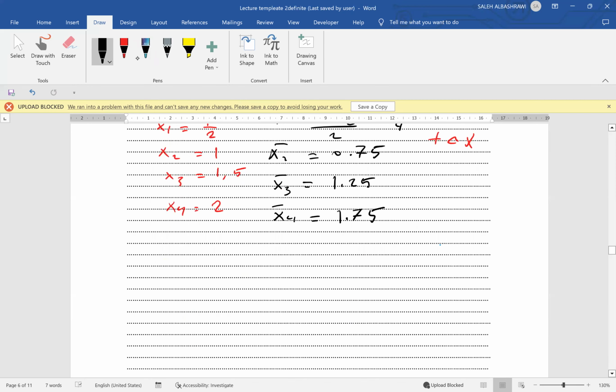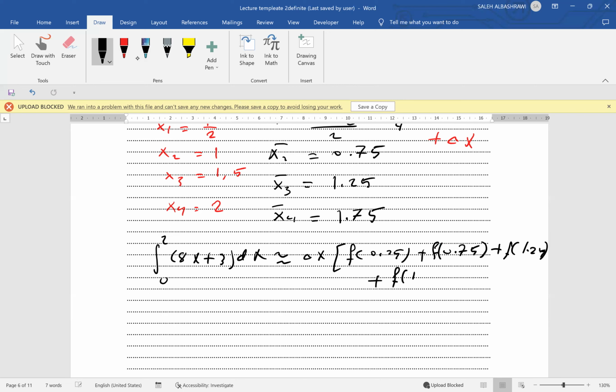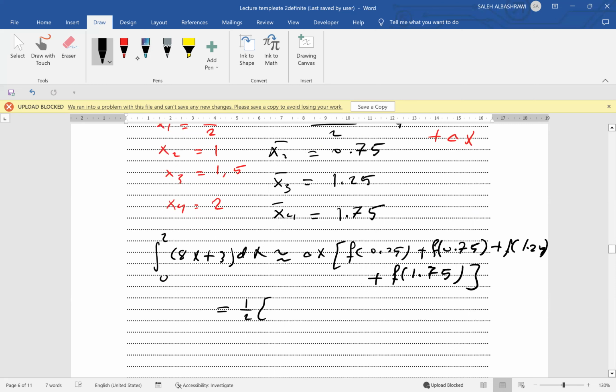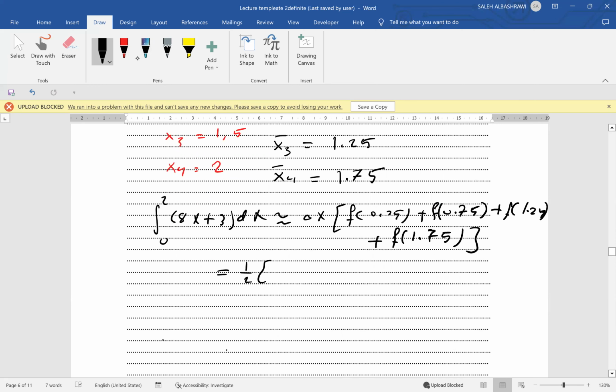Now we can estimate the integral from 0 to 2 of 8x plus 3 dx to be equal to delta x multiplied by f of 0.25 plus f of 0.75 plus f of 1.25 plus f of 1.75, which is equal to 1/2 multiplied by the following. For 8x plus 3, just replace x by 1/4, and the first one is equal to 5.